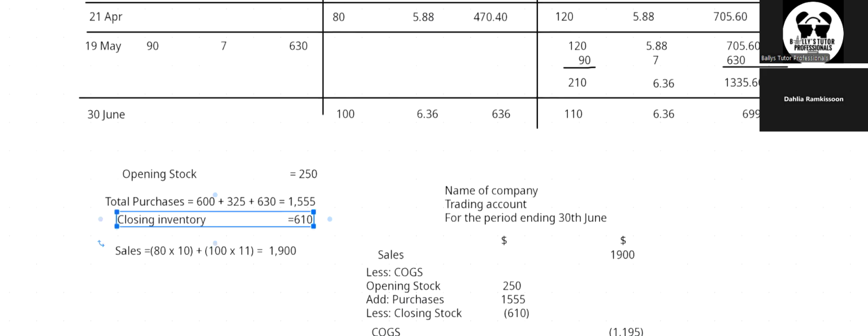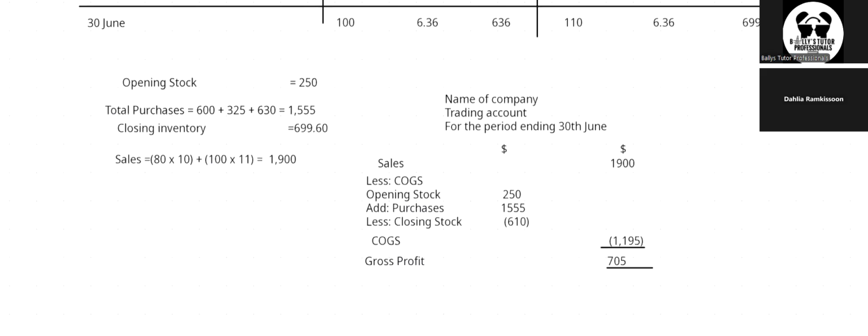So if I was to calculate my profit, when it's time to minus closing stock, I'll be minusing $699.60, which would make my cost of goods sold $1,105.40.